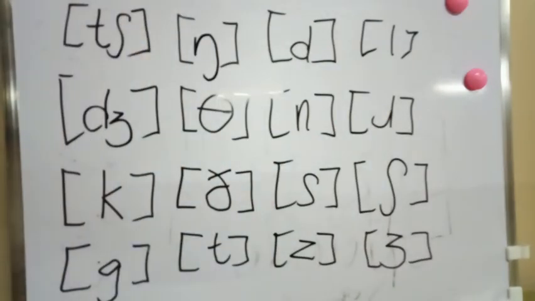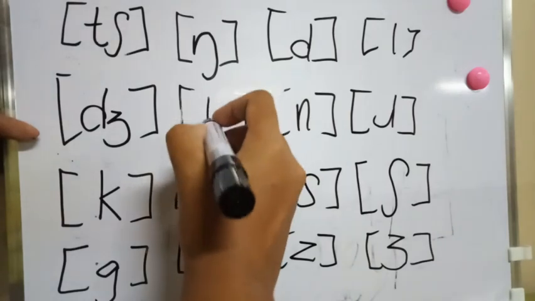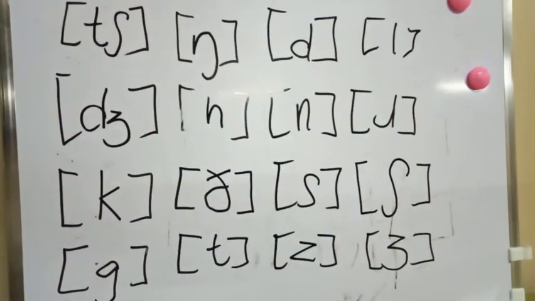That's ng, when you say wing, and also when you say singer. Next, we have this symbol. That's h, when you say hat, ahead.